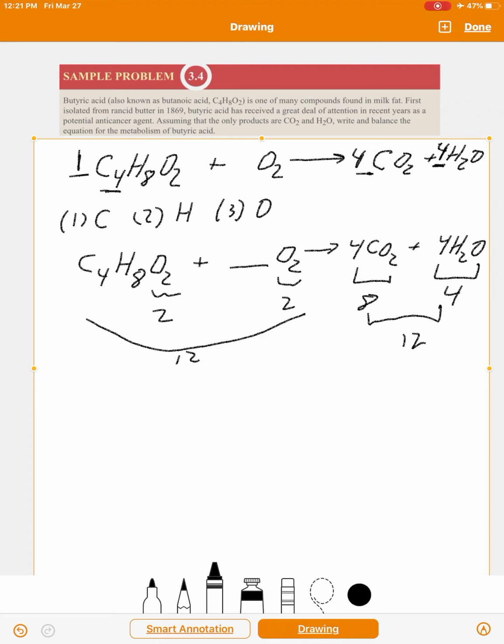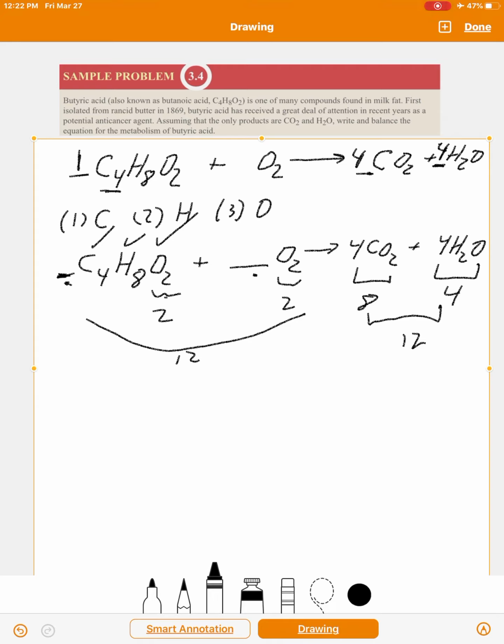Well, there's 2 here already. If we were going to change the number here, that'd be a problem, because if we change the number here, that would change carbon, hydrogen, and oxygen. That would complicate things. So let's not change this number in front of the butyric acid. Let's just change the one in front of O2. Because if you change the number in front of O2, that doesn't change anything. Okay? So we have 12 on the right side. We've got 2 here.